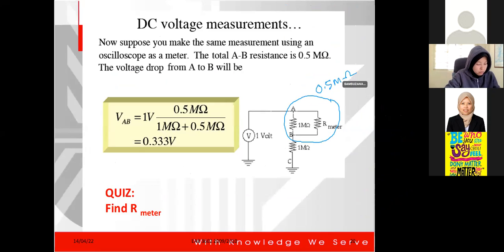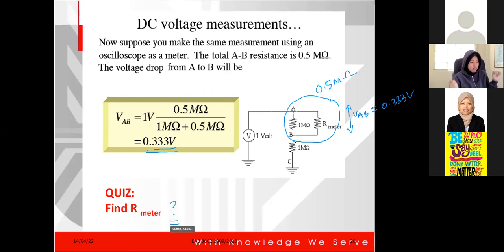So the voltage drop from A to B has been calculated: VAB is equal to 0.333 volt. So my question is, what is R meter?